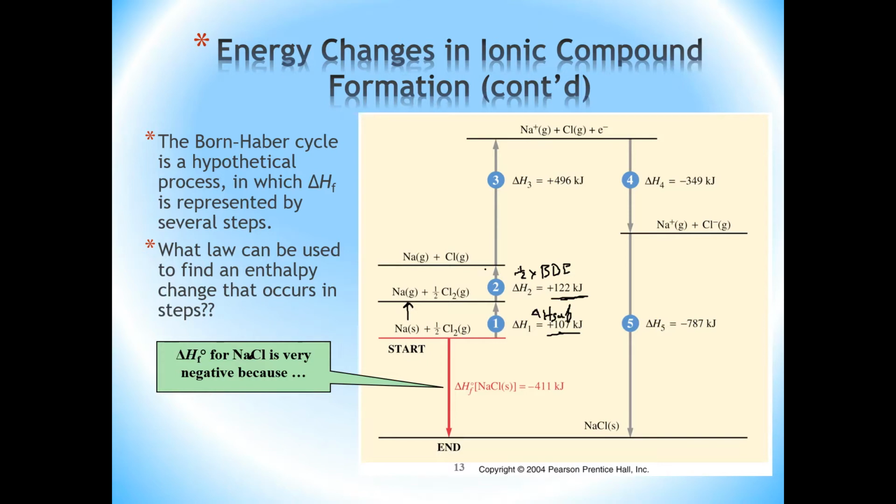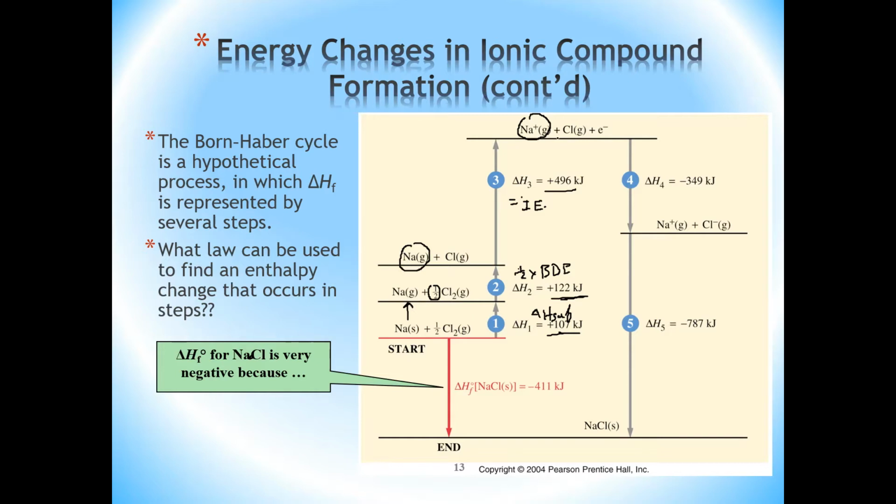And then the next step is the breaking of the chlorine to chlorine bond. That would be the bond dissociation energy, but we put a half here because we have a half for the chlorine. Then the sodium gaseous atom is converted to the sodium gaseous ion. That is the first ionization energy of the sodium gaseous atom.